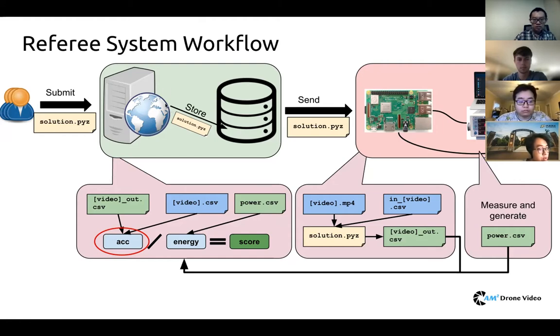Our server will store the solutions in a FIFO queue. Solutions in this queue will be sent to the Raspberry Pi, which we use to run the solutions one by one. There's a power meter connected to the Pi to measure how much power is used to run each specific solution. There will be two inputs for each solution.